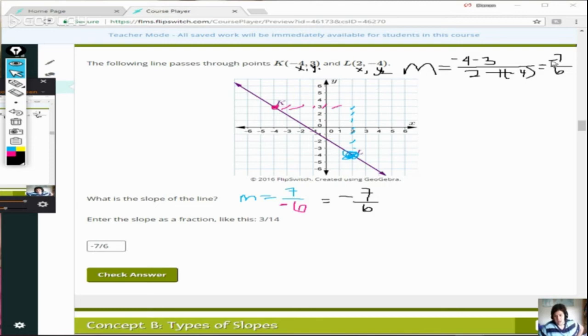And that's why the negative sign ended up in the numerator, just because I started at K this time. When I counted, I started at L, and that's why the negative sign was in the denominator, just because I switched which point I started at.